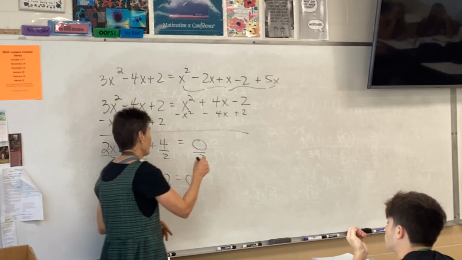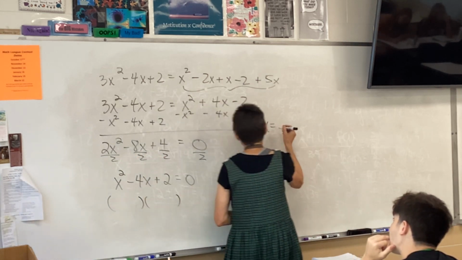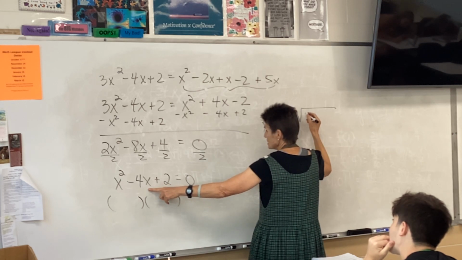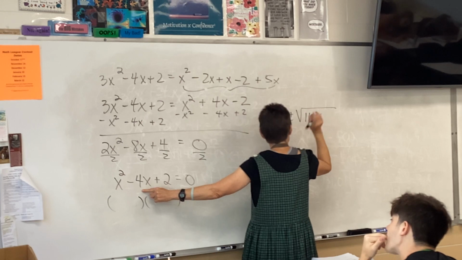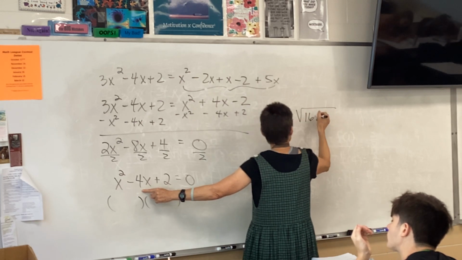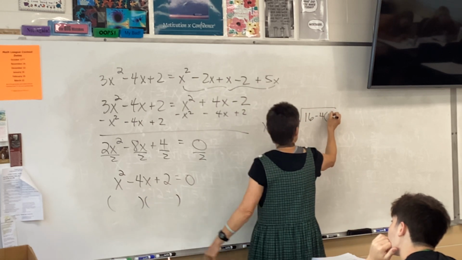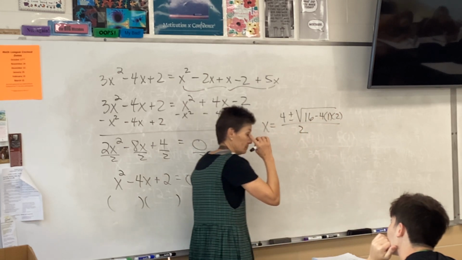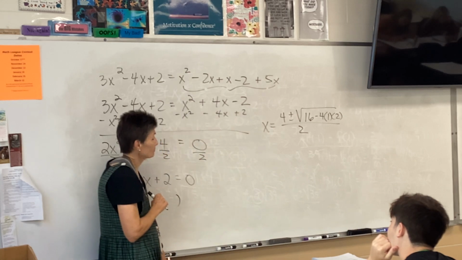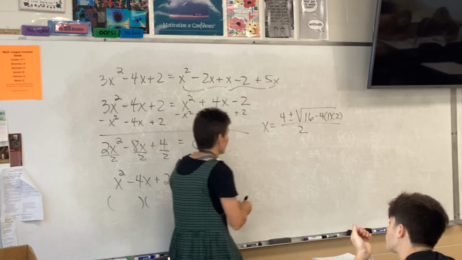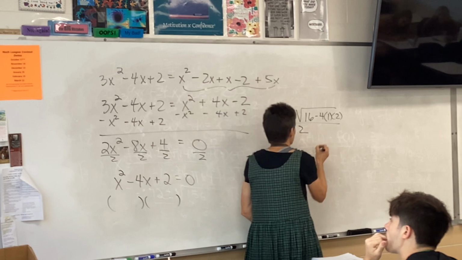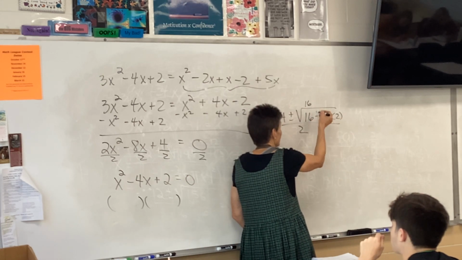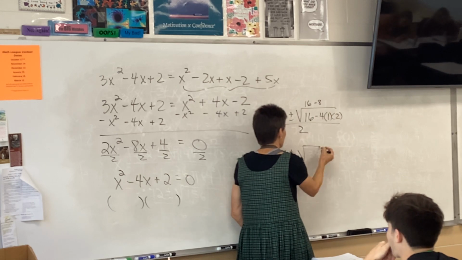So my quadratic formula, x equals negative b plus or minus the square root of b squared, which is 16, minus 4 times a times c, all over 2a. Now, this one is actually going to be a subtraction, isn't it? 16 minus 8, so that's just going to be 8.